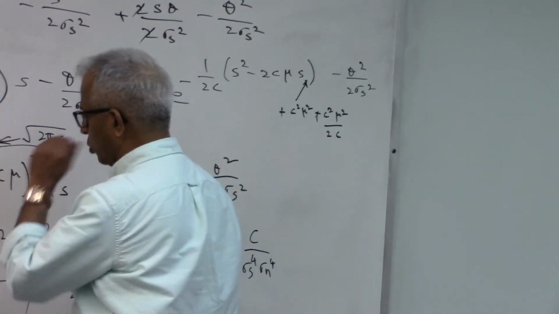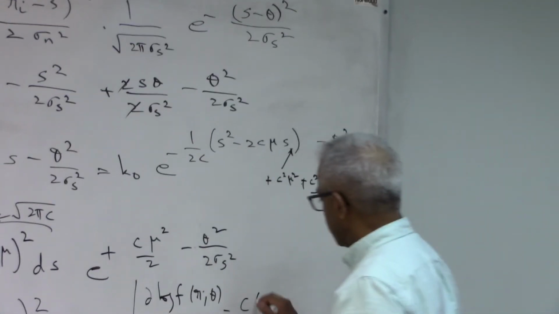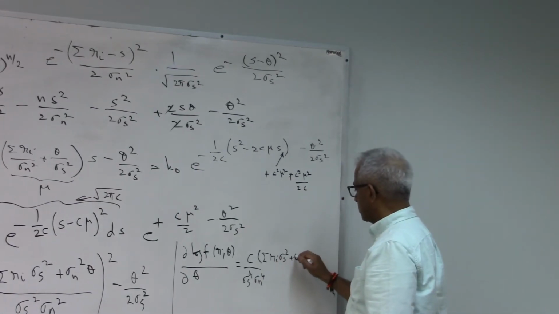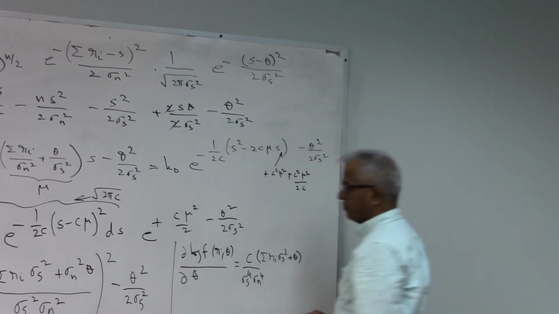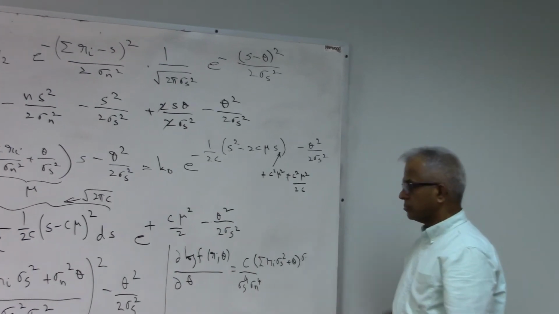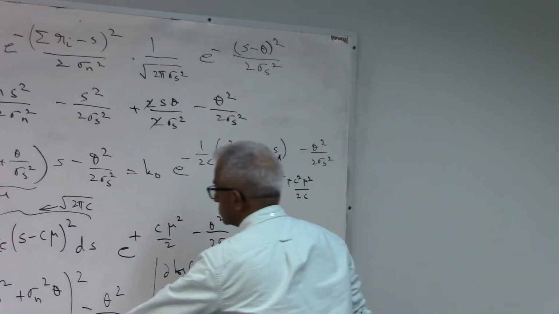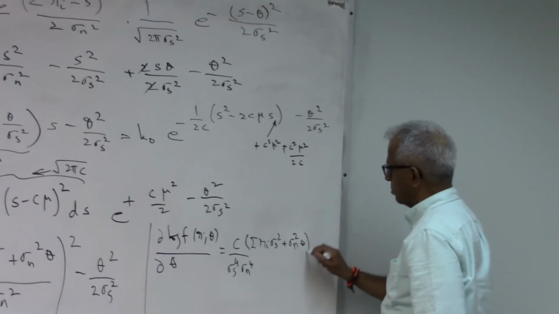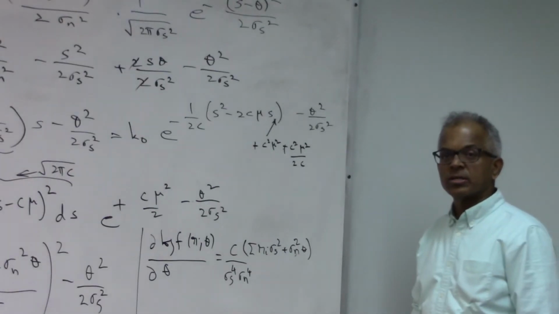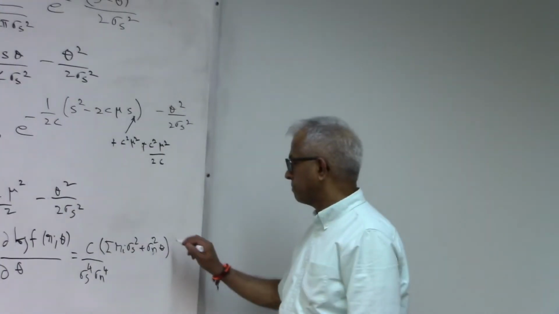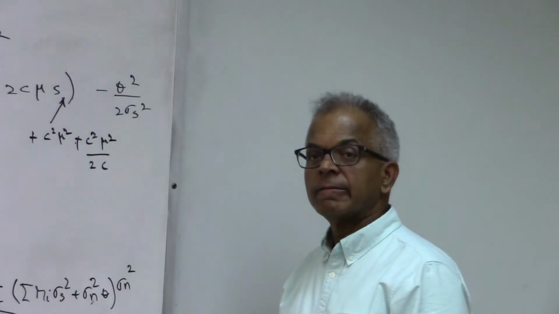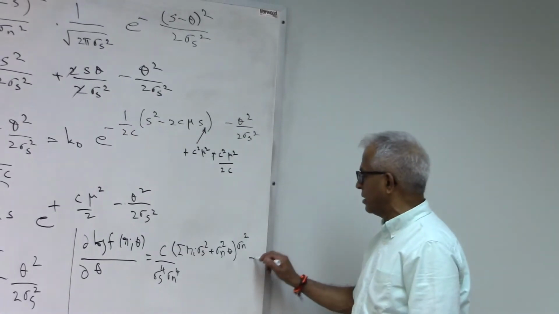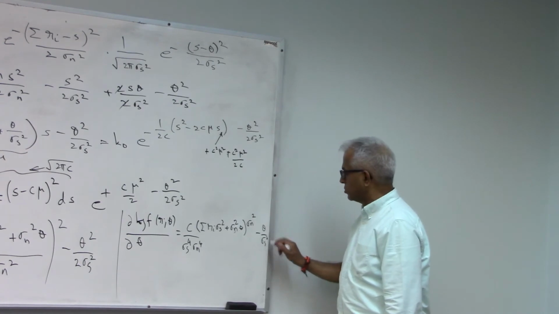So you just have to worry about the numerator. Derivative is the quantity sigma Ri sigma S squared plus theta multiplied by the derivative of sigma N squared, multiplied by sigma N squared, isn't it? There's a sigma N squared here again, right? Minus the derivative of this is easy. 2 cancel, so that's simply theta over sigma S squared.